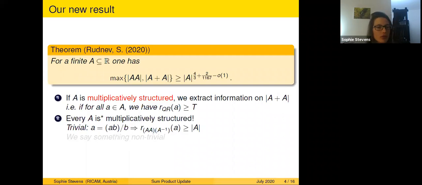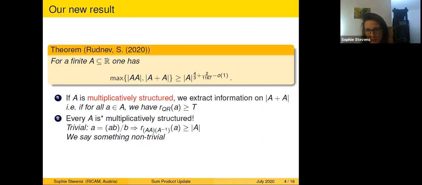So even though I've called this trivial, it's trivial because we get it for free, but it is actually a powerful tool, particularly if you know that the size of your product set is small. So we say something non-trivial in the sense that we need to work a little bit harder to get this multiplicative structure.